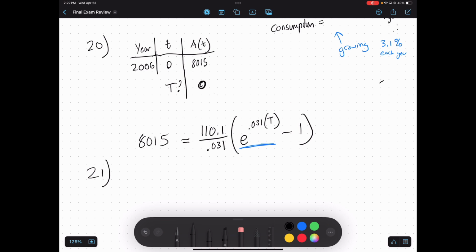Okay. Awesome. So 21. So another accumulated present value one, but this one is slightly different because this is a perpetual money flow. So perpetual continuous money flow. What does that word perpetual mean?